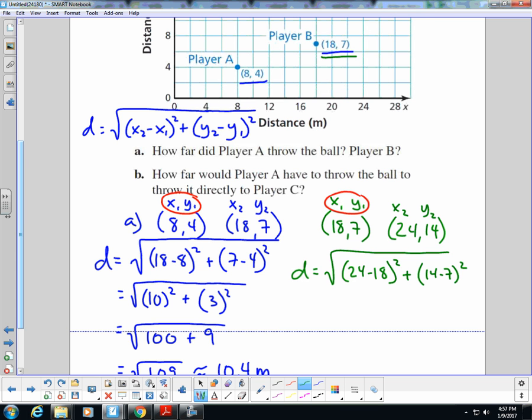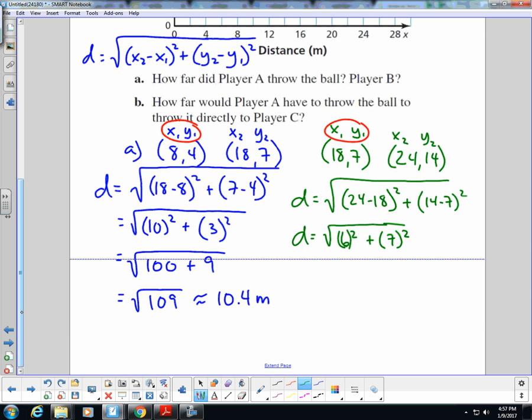And we'll square that. 24 minus 18 is 6. 14 minus 7 is 7. 6 squared is 36. 7 squared is 49. 36 plus 49 gives us 85. Square root of 85. Now, that radical does not reduce, but we can make the decimal equivalent. And if we round to the nearest tenth, it's about 9.2 meters. So player B throws the ball 9.2 meters to player C.